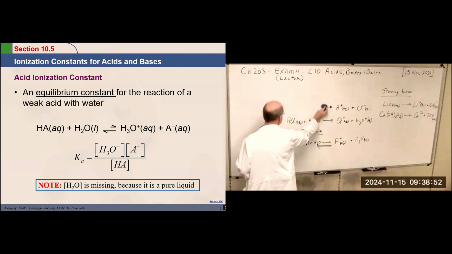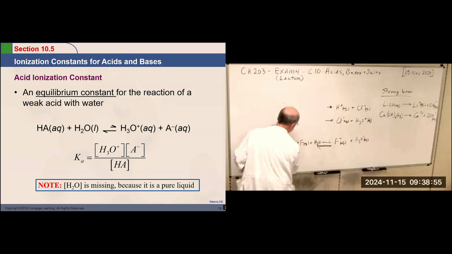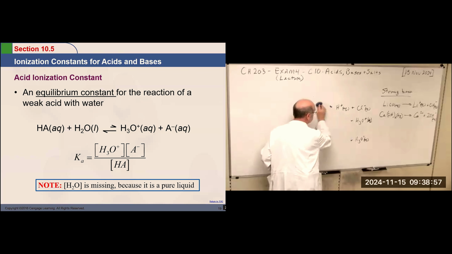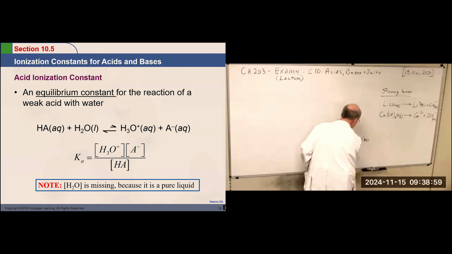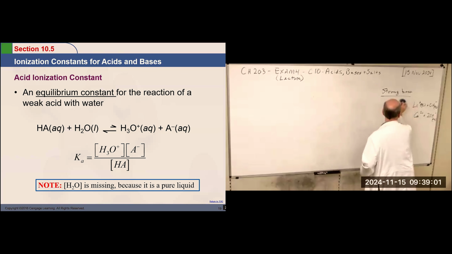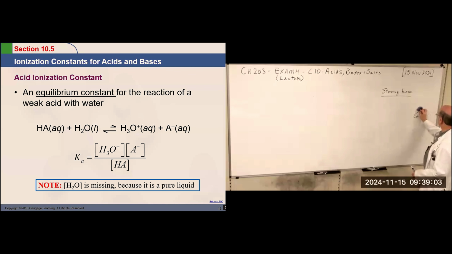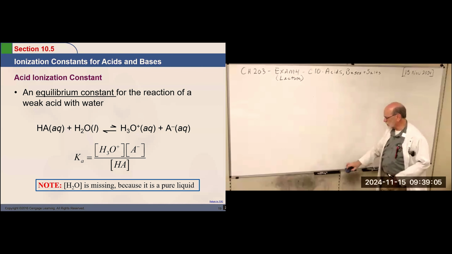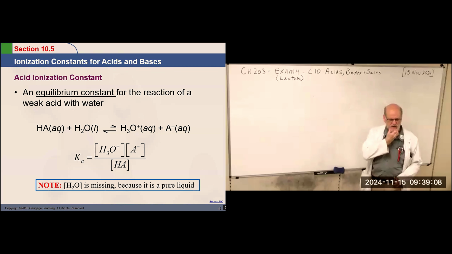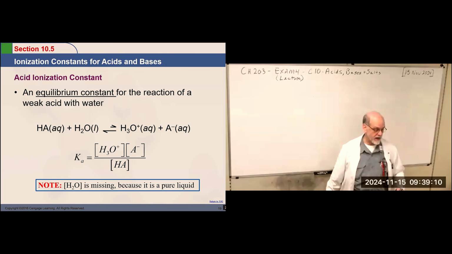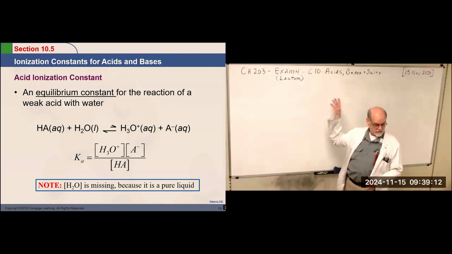We've got those forward facing arrows and the reverse facing arrows, implying that once you build up enough product, you start getting a return reaction. And that's characteristic of any chemical reaction. It goes both ways.